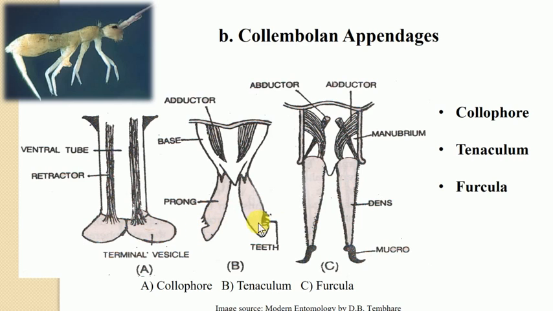So here you can see the outer margin of these two rami. They contain teeth on the outer margin, and internally they are provided with muscles which are known as the adductor muscles. Now again, this tenaculum is also known as the retinaculum or the hamula, or sometimes it is also referred to as a catch, a simple catch.